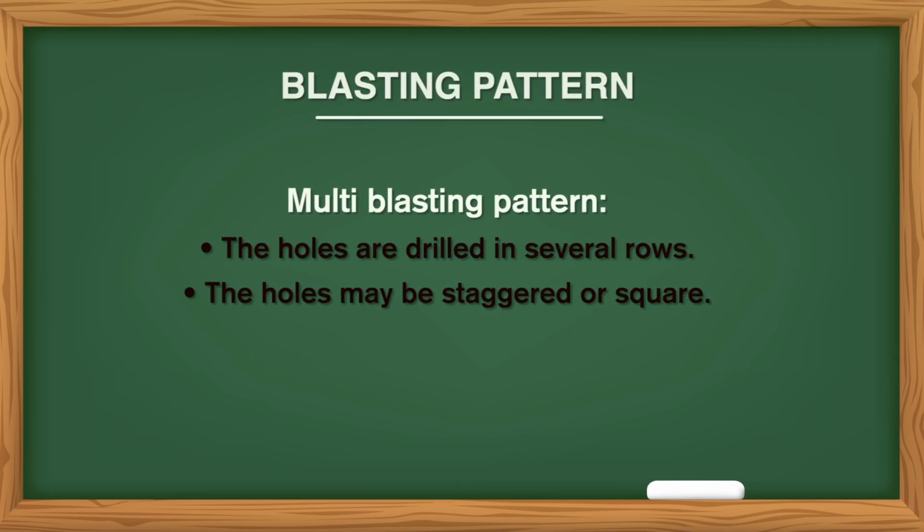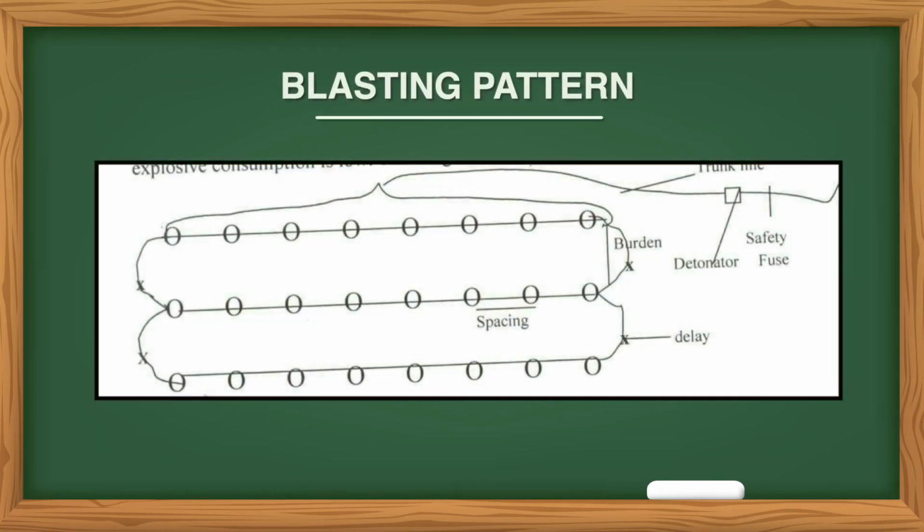The holes may be staggered or square. Look at the figure, which shows the spacing and trunk line, then burden, then detonator, then safety fuse and delay. All the accessories and the parameters are shown in the figure.